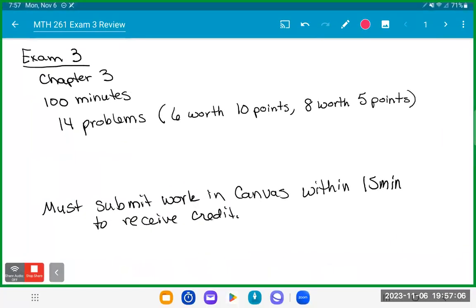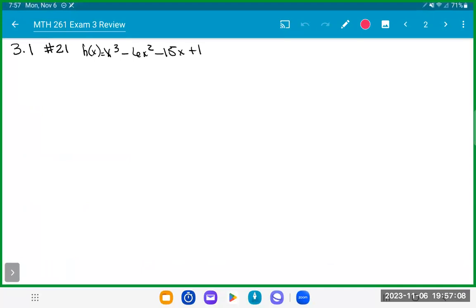All right. Give me just a second. Okay. So the first problem that we have here is going to be worth 10 points. And for this one, this is out of section 3.1.